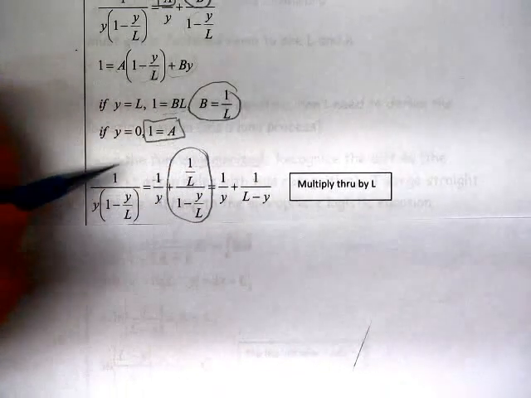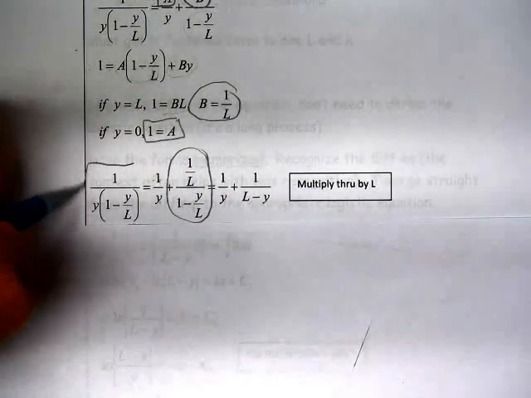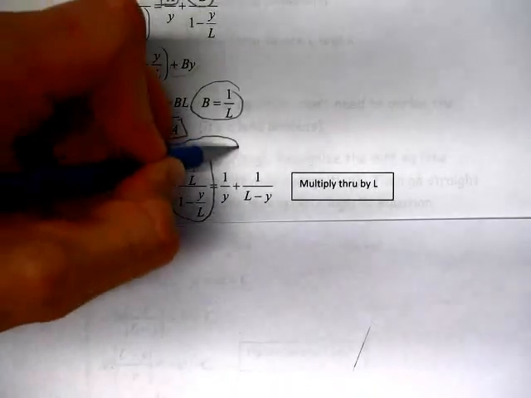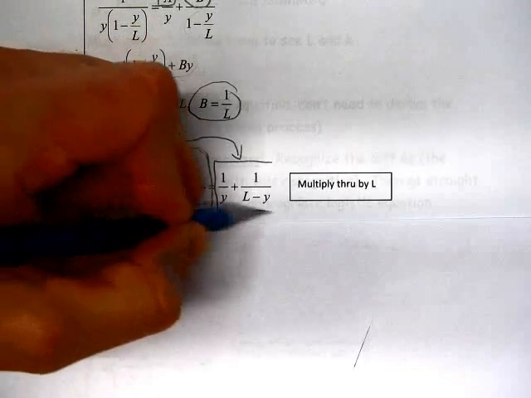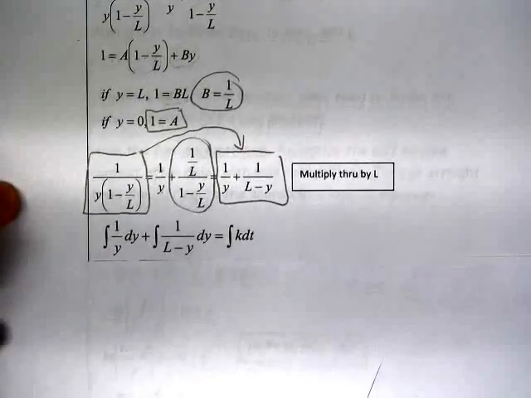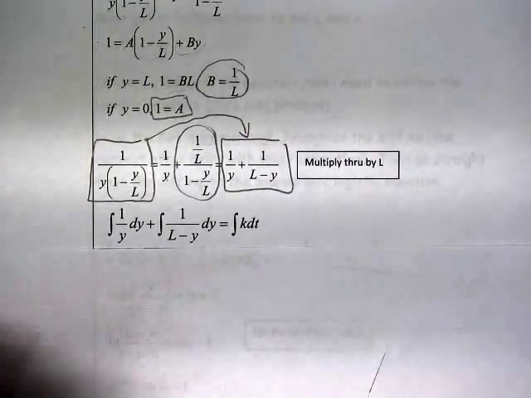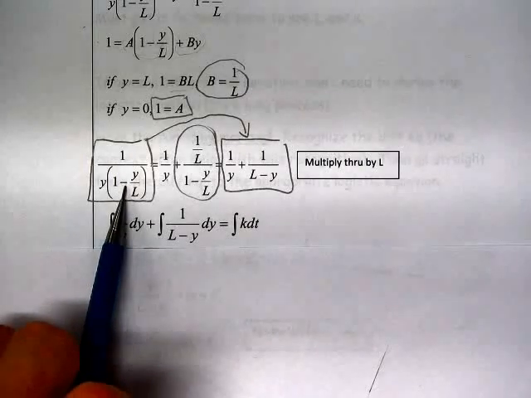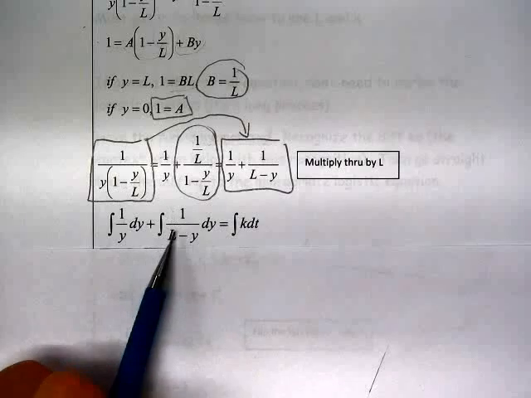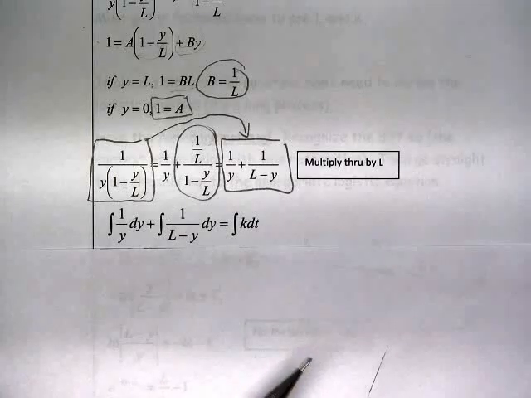So I've successfully taken my original expression on the left, and I have decomposed it, or split it up, into that sum. And now I can go back to the differential equation. So initially this was my integrand. Now my integrand is 1 over y and 1 over L minus y.